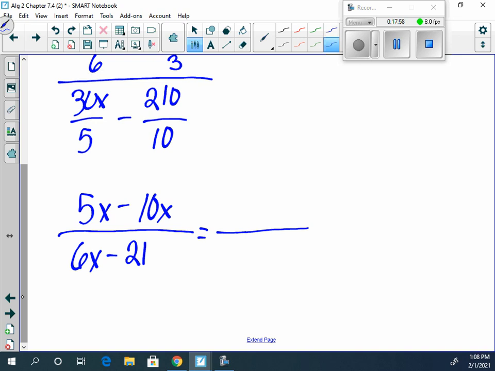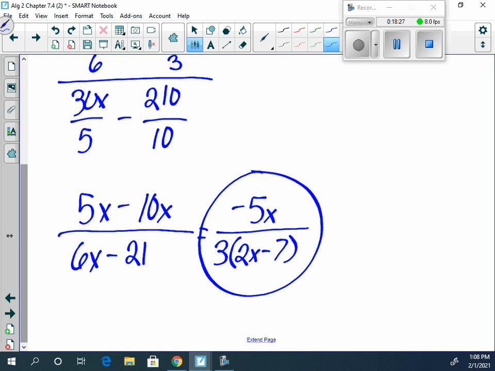Now the numerators, we can combine those because 5x minus 10x is negative 5x. Well, 6x minus 21, we can't combine them, but there is a greatest common factor of what? 3, which leaves us with 2x minus 7.